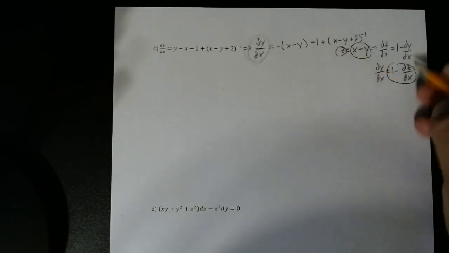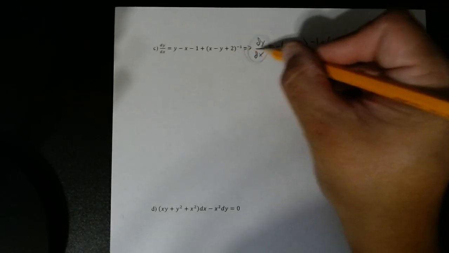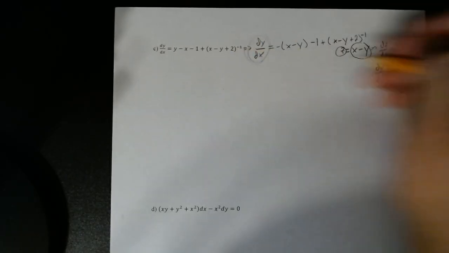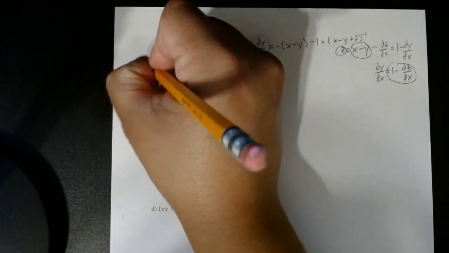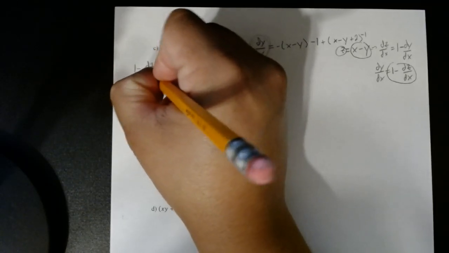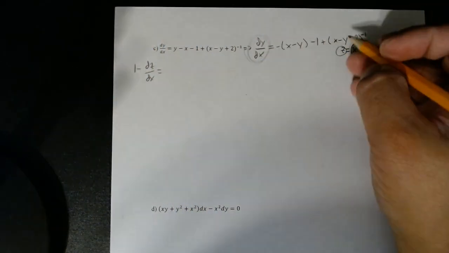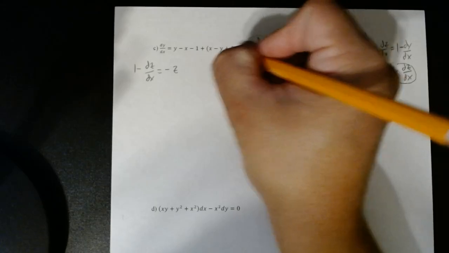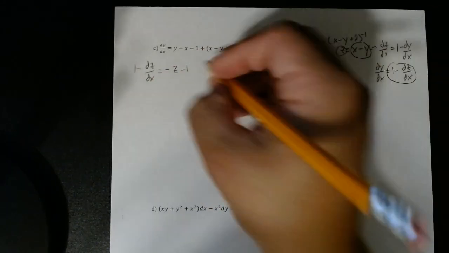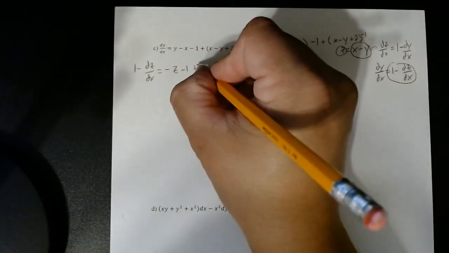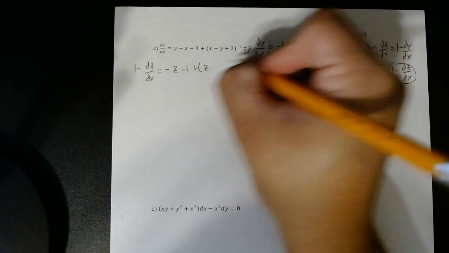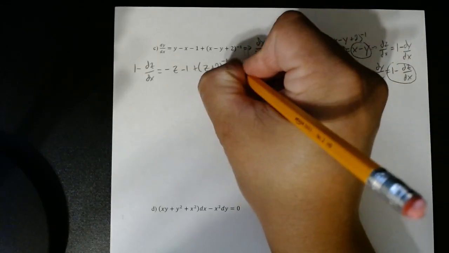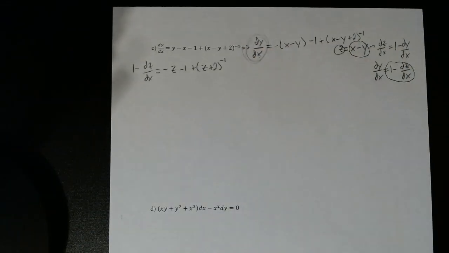So that and that. So this entire equation becomes 1 minus dz dx is equal to negative z minus 1 plus z plus 2 raised to negative 1 power, which looks a little nicer to look at now.